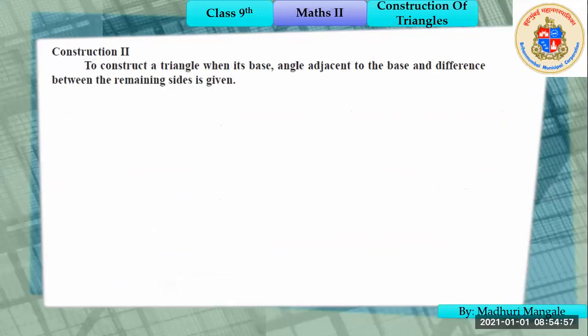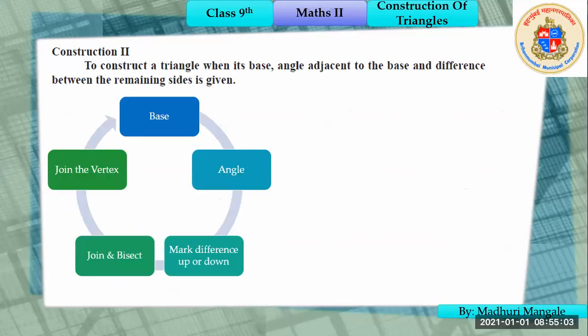This was the second type of construction. And what are the steps? So let us look at the steps. We are given base, angle, and the difference. So always start with the base, right? Then draw the angle, and we need to mark the difference. Either you mark it up or you mark it down.